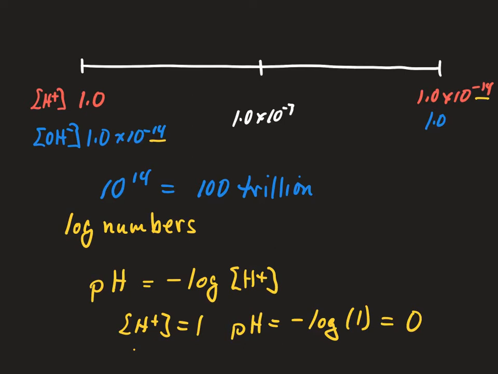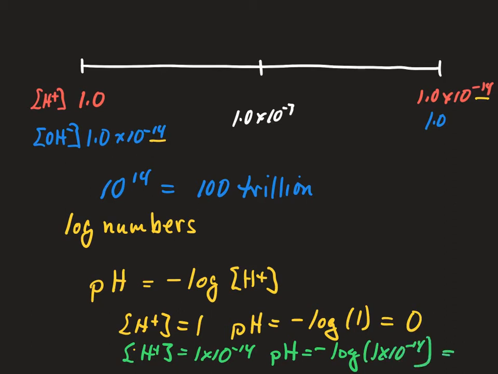And if the concentration of hydrogen ions is 1 times 10 to the minus 14th, the pH is equal to the negative of the log of 1 times 10 to the minus 14, which is, right, negative 14, negative, positive 14. So now we convert this range of 100 trillion into a range of 0 to 14, and that makes it easier to deal with, okay?